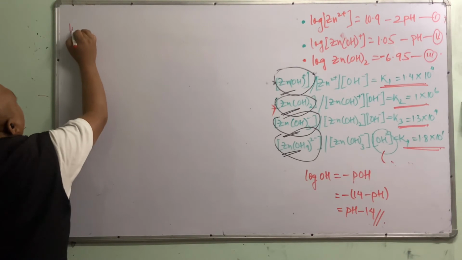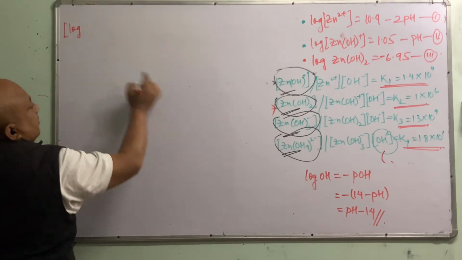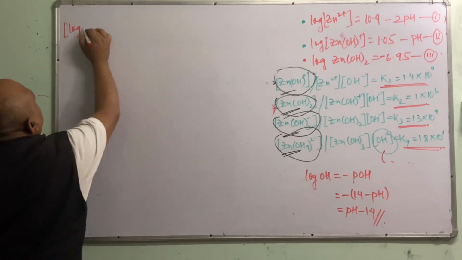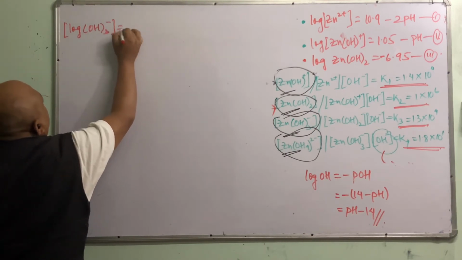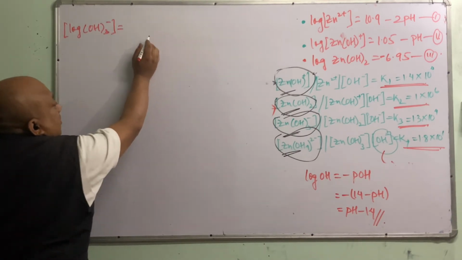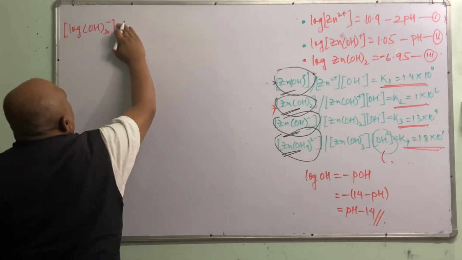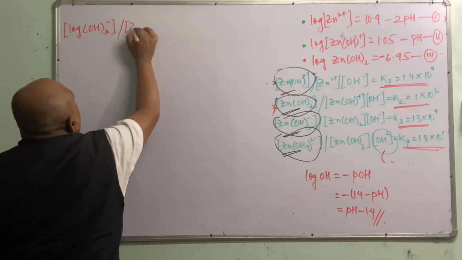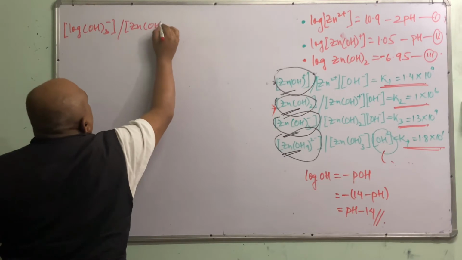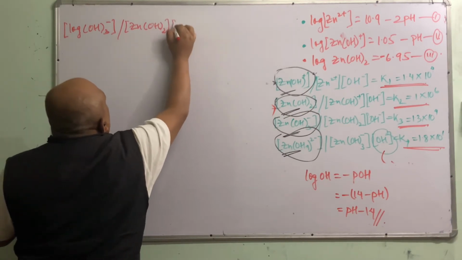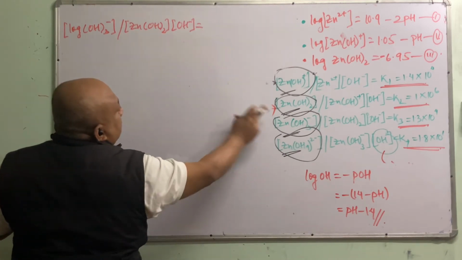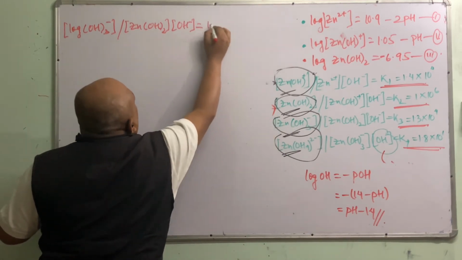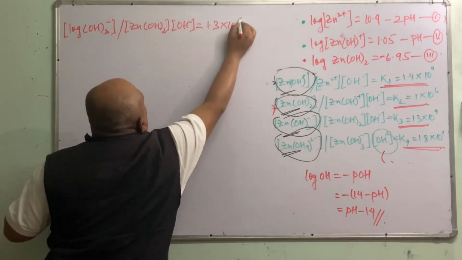That is, the next one is [ZnOH3-] divided by [ZnOH2][OH-] is equal to 1.3 into 10 to the power 4.